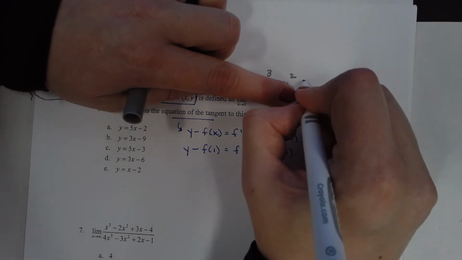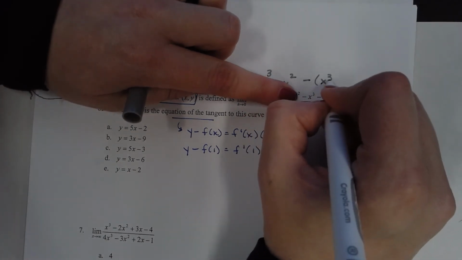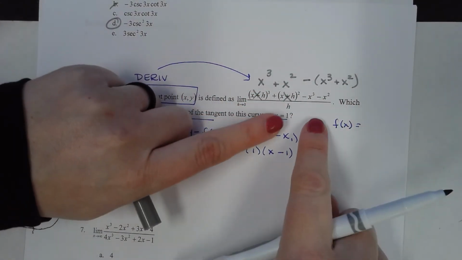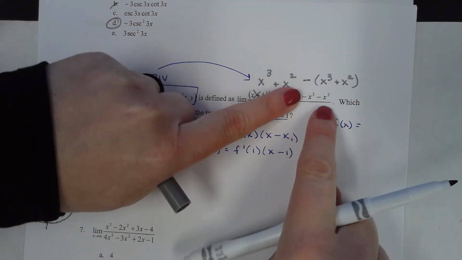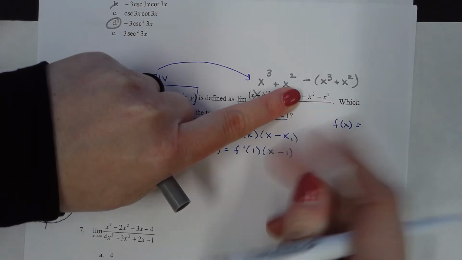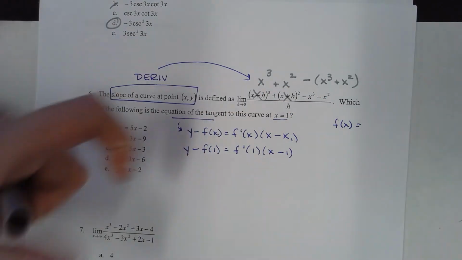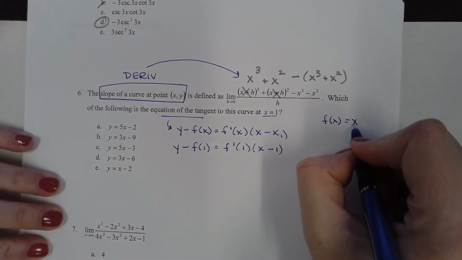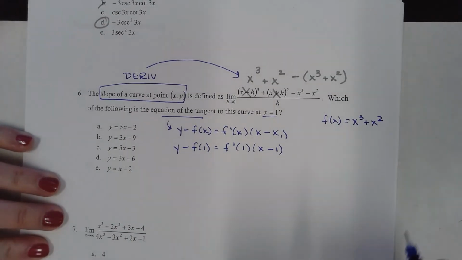So you need to think that that was negative x to the third plus x squared. If you're looking at the back of the fraction, you have to worry about that negative, so you have to factor that out so you can find your function. Either way, I know that the function is x to the third plus x squared.